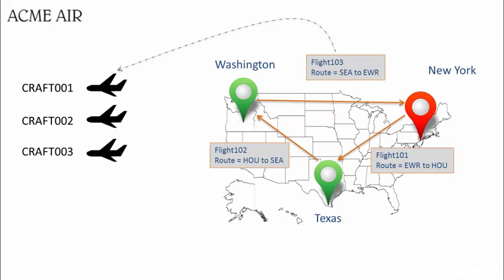So for example, on a specific day, flight 103 may be using the aircraft 001, and on that same day, flights 101 and 102 may be using aircraft 003. On another day, this may look totally different. This kind of relationship can be easily maintained with the relationship construct offered by the modeling language.